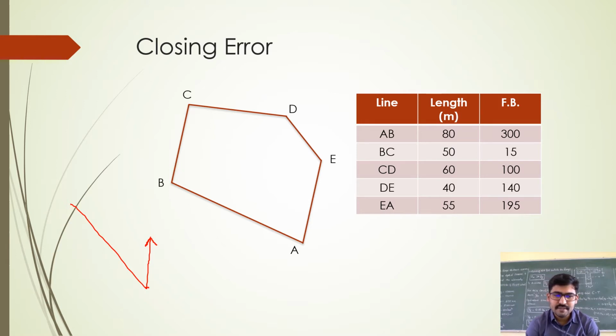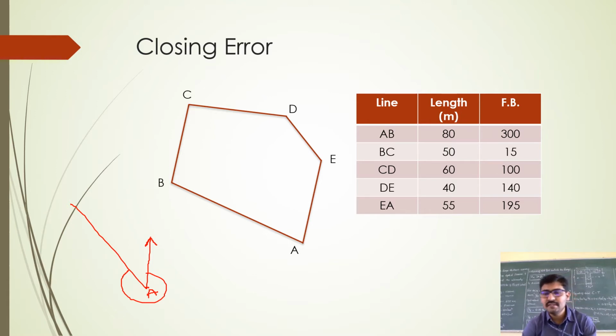So this is point A, right? And this angle is 300 degrees, isn't it? So you have drawn line AB and the length of AB is 80 meters. The same length of 80 meters cannot be drawn on the paper, isn't it? You need to convert that. So 80 will be drawn as 8 centimeters.